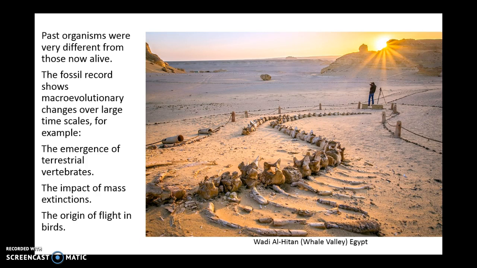Impact of mass extinctions, we can see that quite, and there have been 5 major mass extinctions. We may be in the middle of the 6th major mass extinction right now. And one of the real big ones is this origin of flight in birds, this change because birds evolved from reptiles or a reptile type flying species.